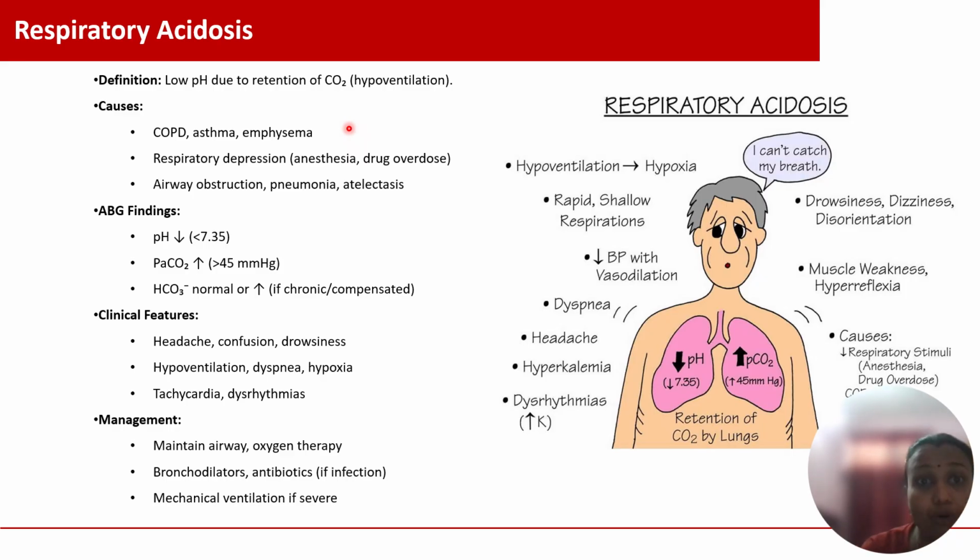Clear? Once the carbon dioxide increases in our blood, it stays in the blood, combines with the water in our body and forms carbonic acid, and our blood becomes acidic. That is respiratory acidosis.